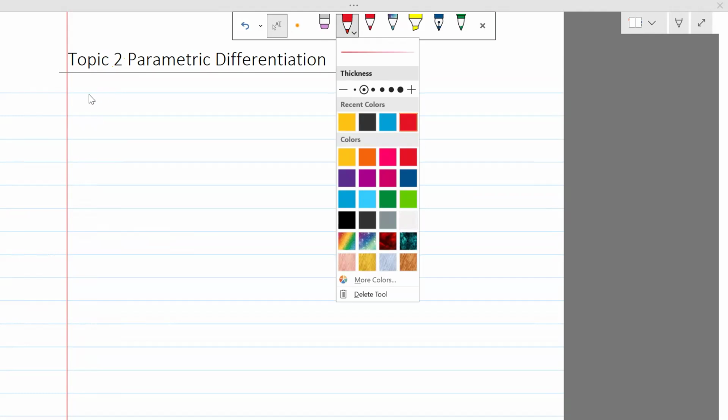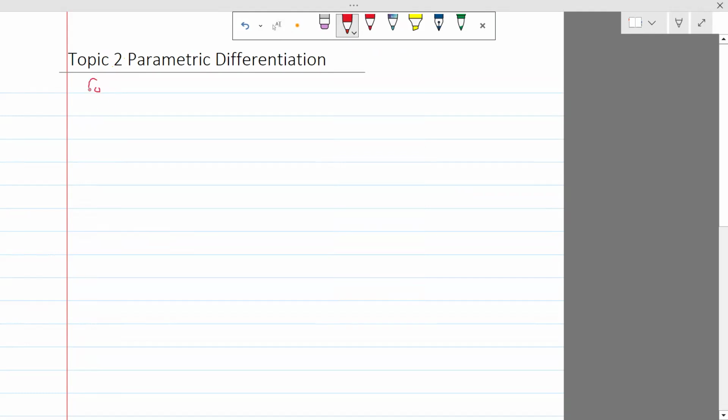Now, some common engineering parametric equations are given.